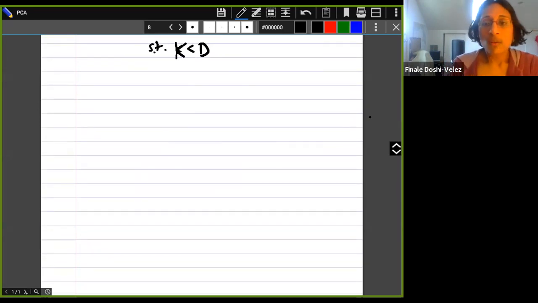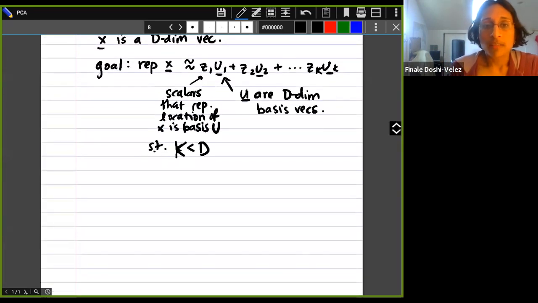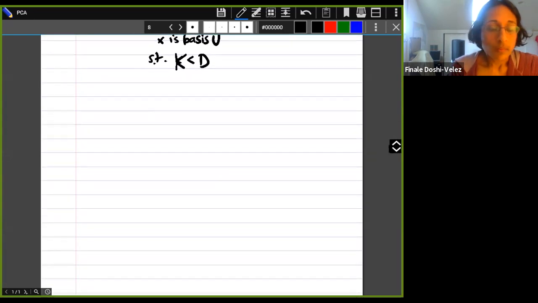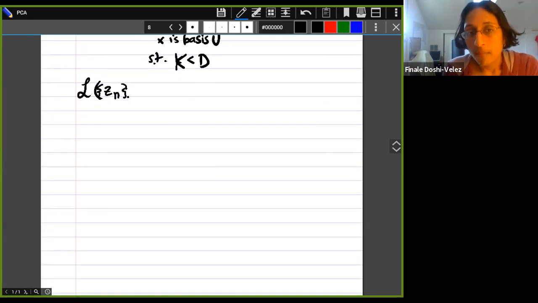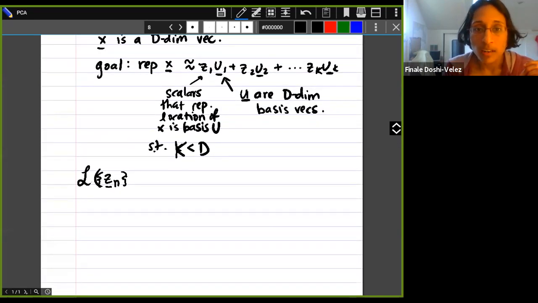All right, so what is the goal? What does it mean? First of all, let's define a loss function. So what does it mean for X to be approximated well by this basis U? Well, now we can write down our loss, and our loss, given all of our Z's, we're going to have a Z per X. And here I'm using Zn, the vector, to represent a k-dimensional vector of all the Z's that are over here.